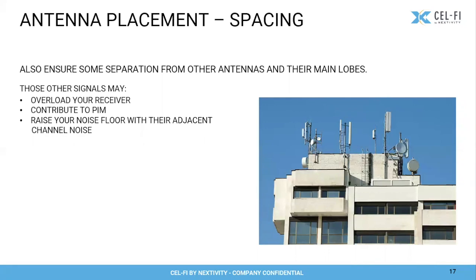You know, if it's a receive antenna, it might be pulling in some noise from these other antennas if they're transmitters. If it's a transmit antenna, then it could cause a noise problem for the other antennas that are in its main boresight. So obviously not the best thing to do. You can overload your receiver with even out-of-band energy coming in from somebody else's antenna that's transmitting, or there could be PIM issues, or just plain raising the noise floor.